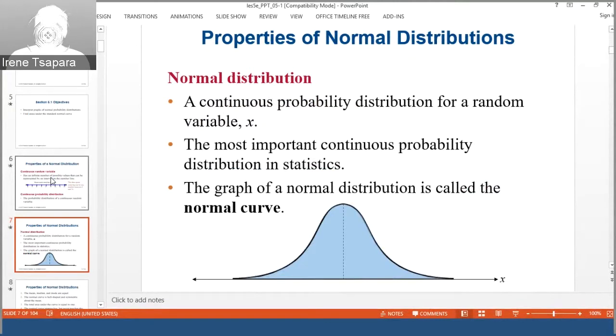This is basically the central limit theorem that we will be discussing today. But this by itself gives us so much information and gives the normal distribution so much power that it basically makes it the most important distribution of all. These are the main reasons why the normal distribution is important.